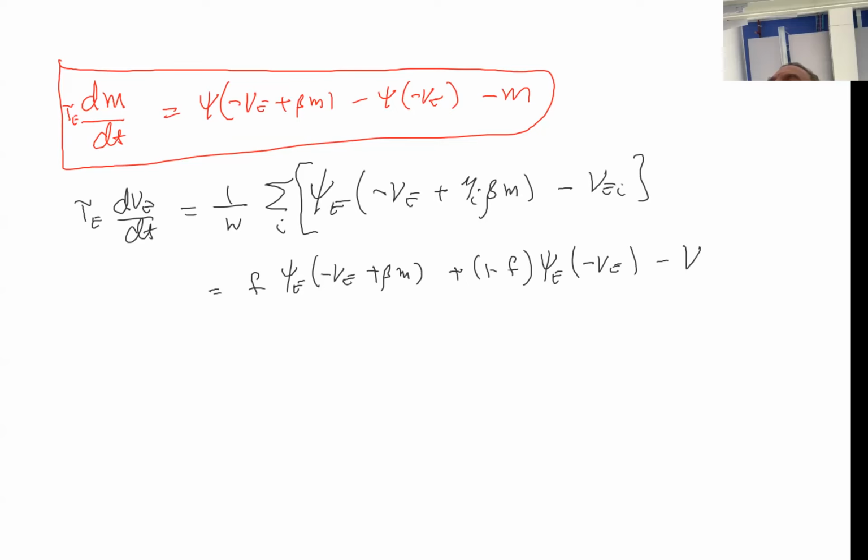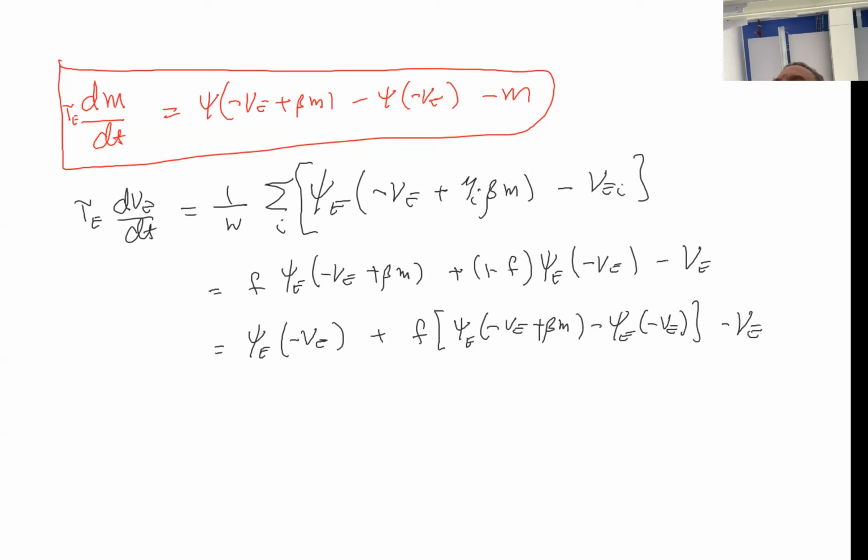And then this second term is average e. So what we get is psi e of minus nu e plus f times psi e of minus nu e plus beta m minus psi e of minus nu e minus nu e.